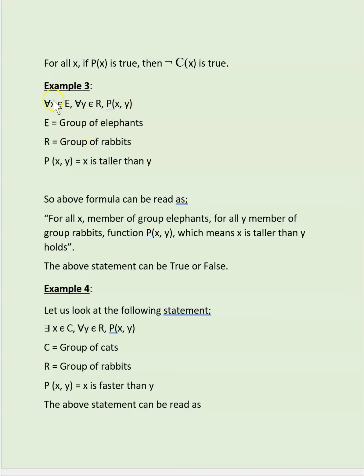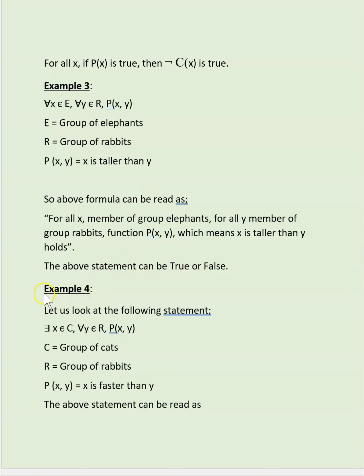It looks like a true statement. So the above formula can be read as: for all x a member of the group of elephants, for all y a member of the group of rabbits, the function P(x,y), which means x is taller than y, holds. The above statement can be true or false.